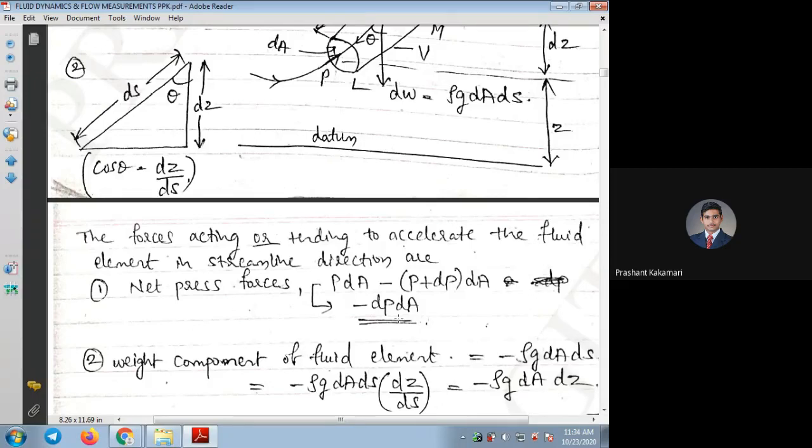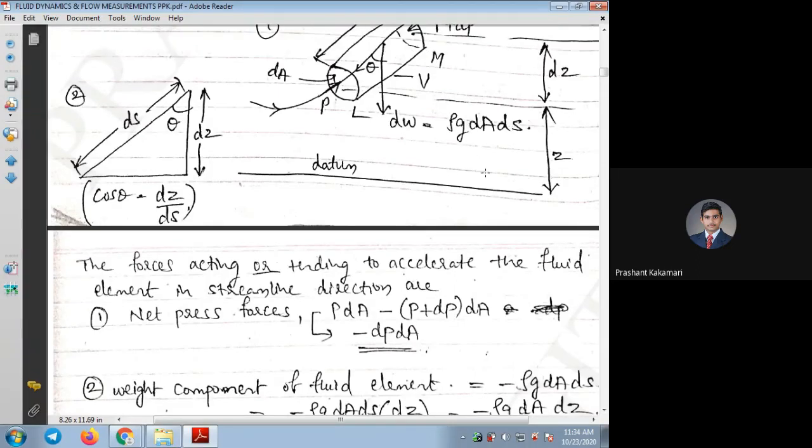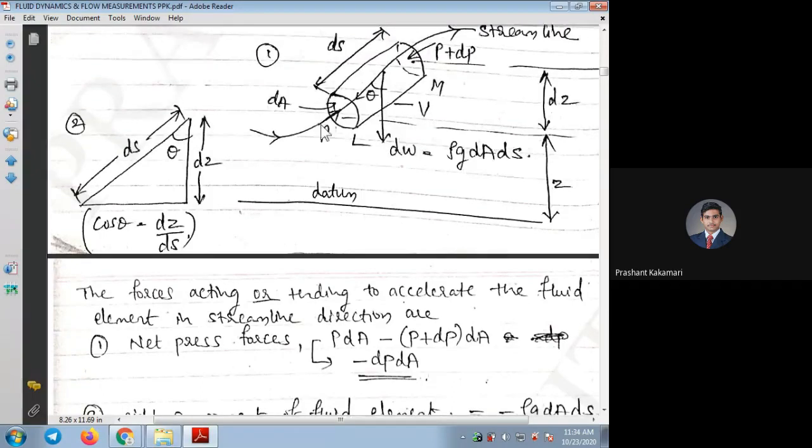The next is the weight of the fluid element. Here we have taken dW as rho g dA ds, but this will always act in the downside direction, towards the earth or towards the ground or towards the given datum line. According to the given flow direction, the flow is taking place from down to top, but the weight is acting downside.